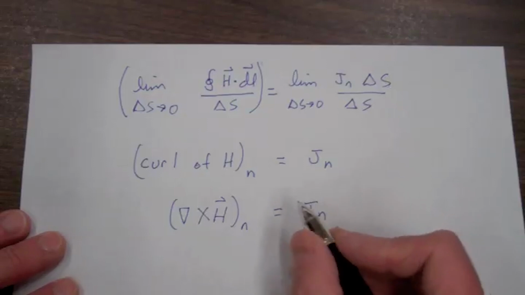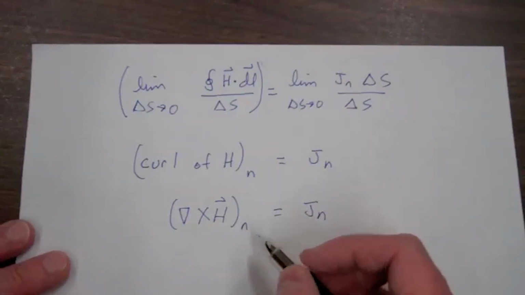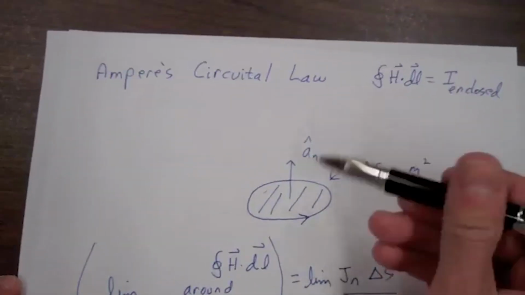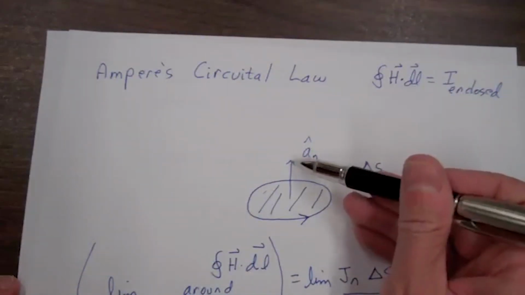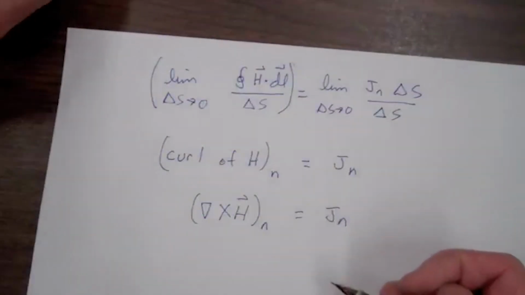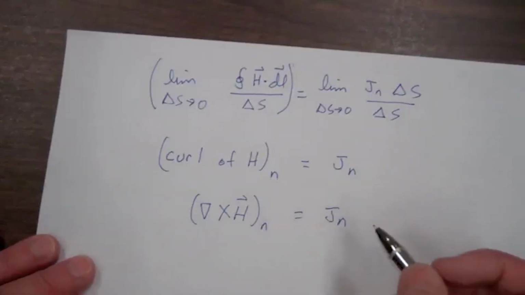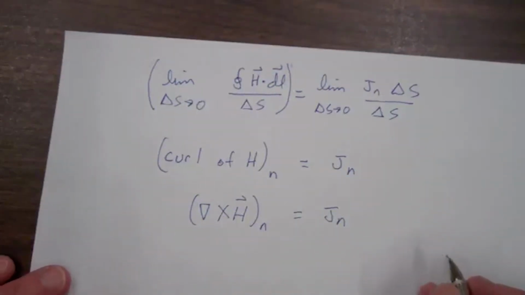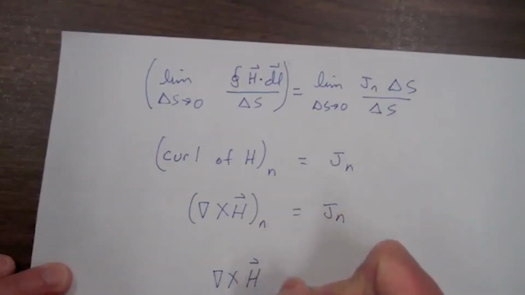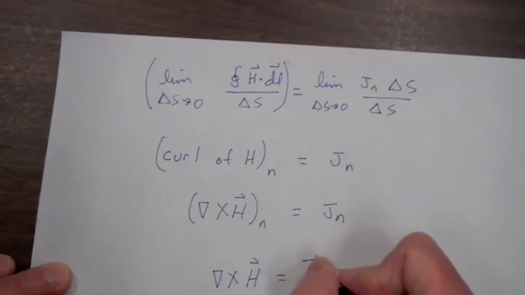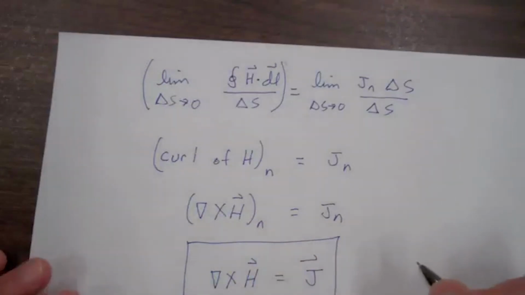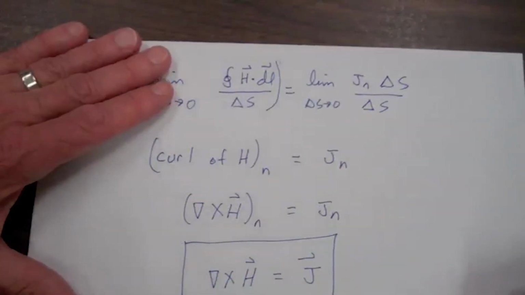So the process to find the three components of the curl of H would be to take three surface areas, one where the normal is in the x direction, one where it's in the y, and one where it is in the z direction, to find our components of the curl of H in the three unit vectors in our coordinate system. So the curl of H would then give us the total current density. And this is Ampere's circuital law in point or differential form.